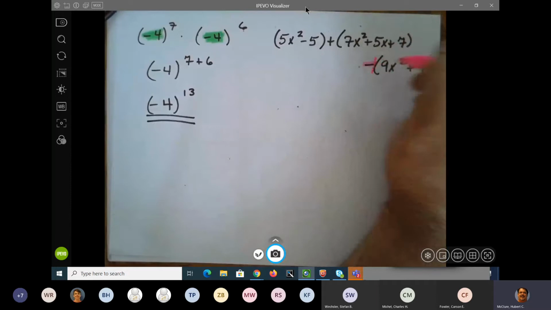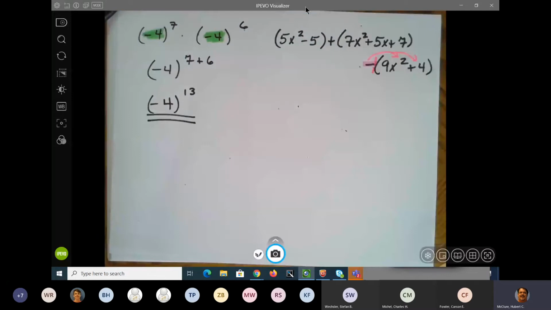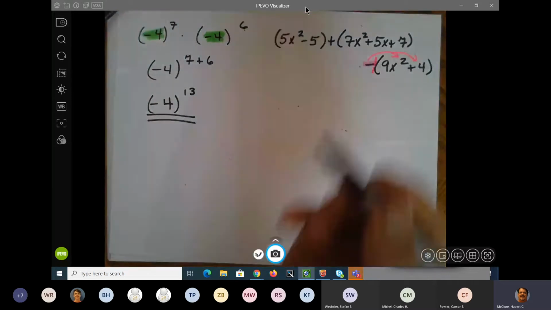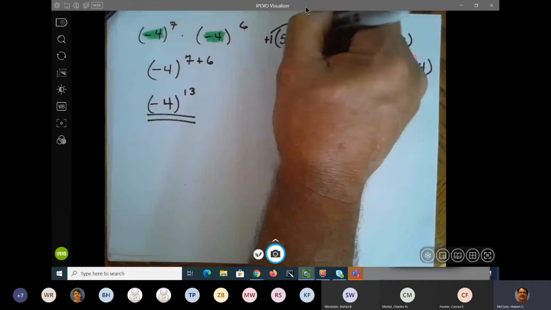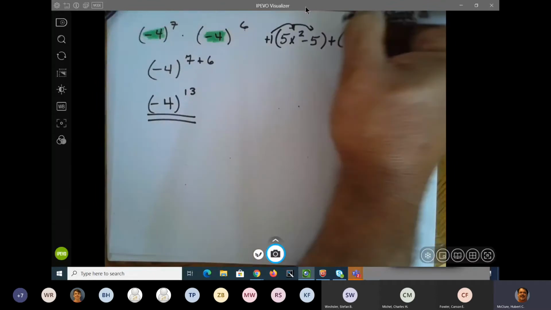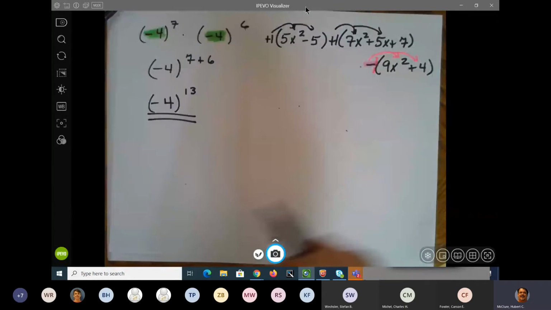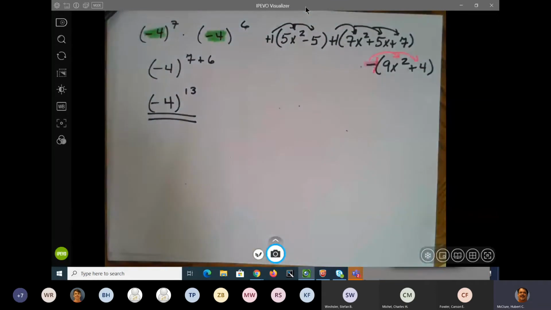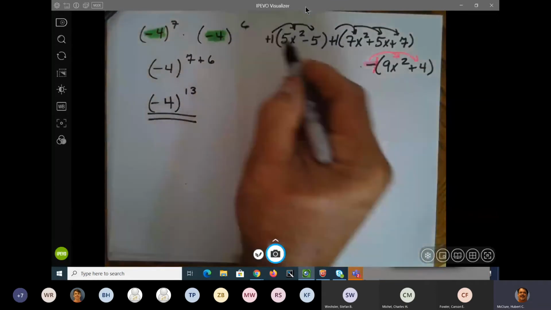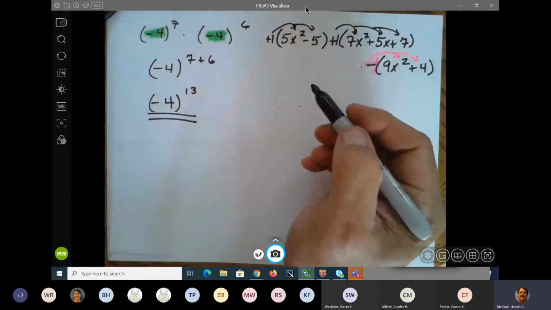So I'm going to distribute that -1 there, and now we're ready to combine like terms, because this is a +1, and that's the multiplicative identity, which means that no matter what you multiply by +1, you're going to get the same answer. So you don't really have to distribute the 1 here and the 1 here, because you're going to get the same answer.